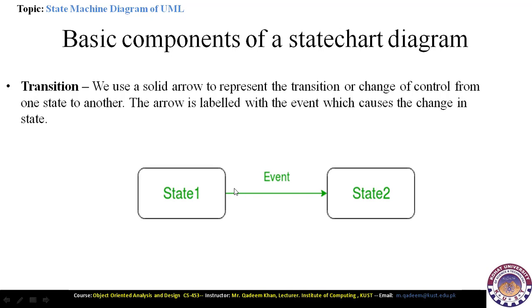So here the transition means the control passes from one state to another state, and this is represented through an arrow line labeled with the event which causes the state to change. So the event is the particular event that is causing the state to change. Why do we want to go to state 2 from state 1? Because of this event.